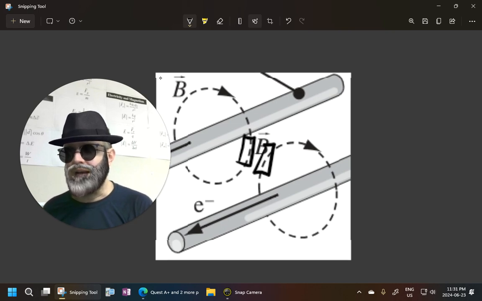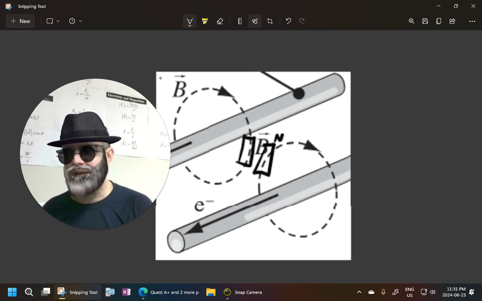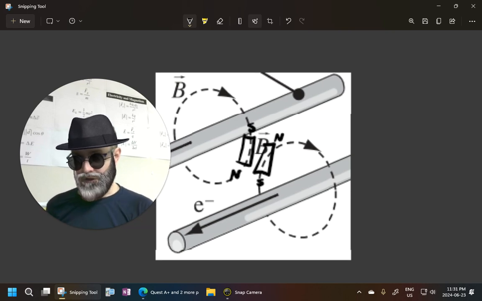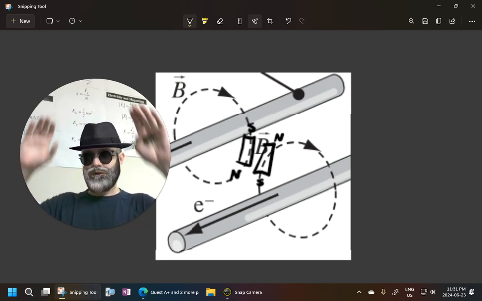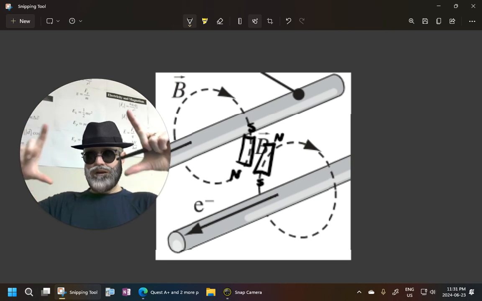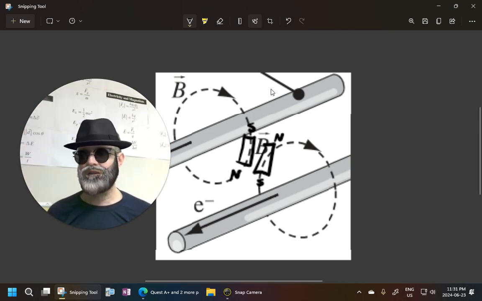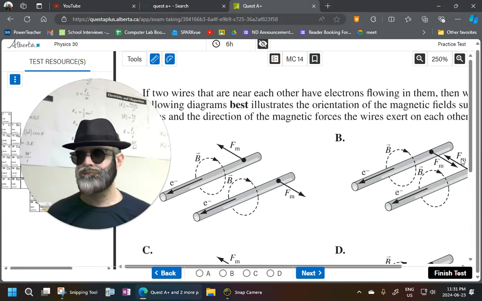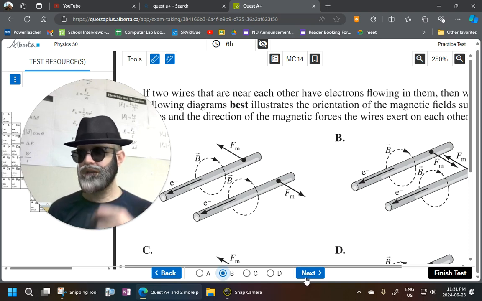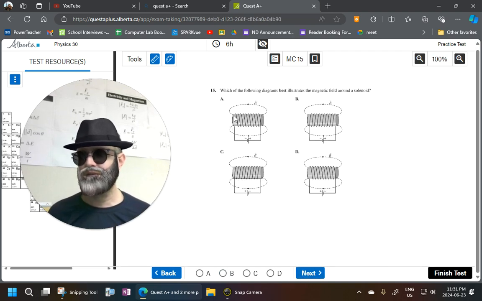This line is coming out the top, so that's going to be a north, and this line is coming out the bottom, that's my south. So a north and a south, what are they going to do? Because the north and the south are on the top and the north and south on the bottom, they're both going to attract each other and move in towards each other. So this is going to cause an attraction. So it's got to be B, based on my hand rule and knowing that they're going to attract.